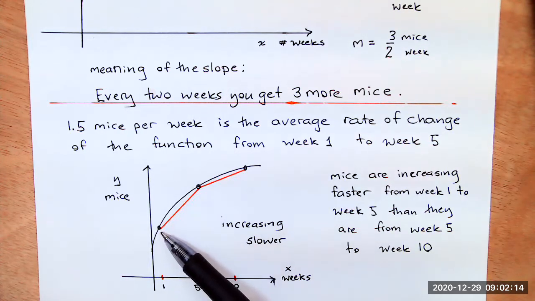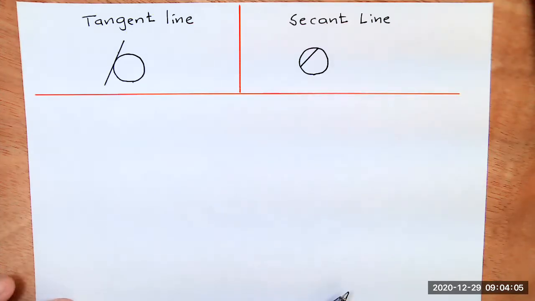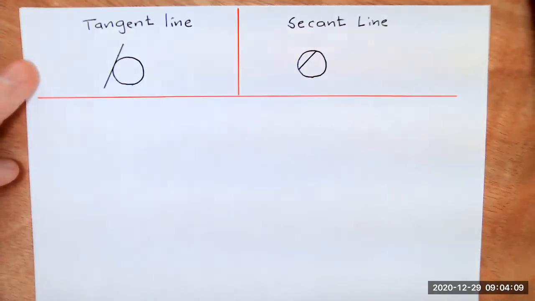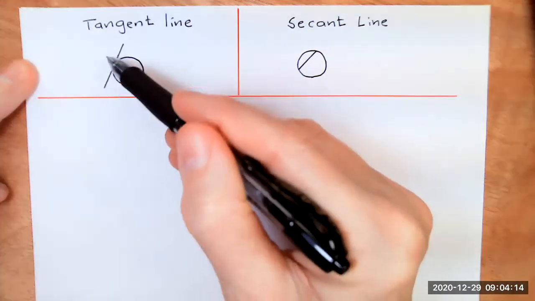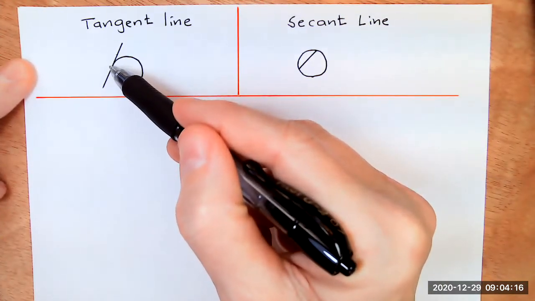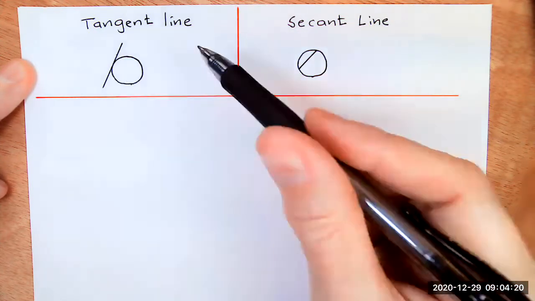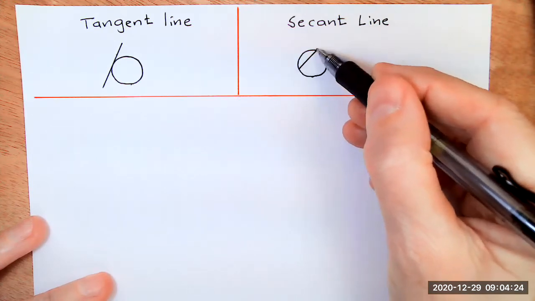All right, let's talk about the definition of this line. It has a special name. So you may recall from your geometry class, when you had a circle and a line that only touched it in one place, that was called the tangent line. So tangent means to touch. Secant line is a line that cuts across.